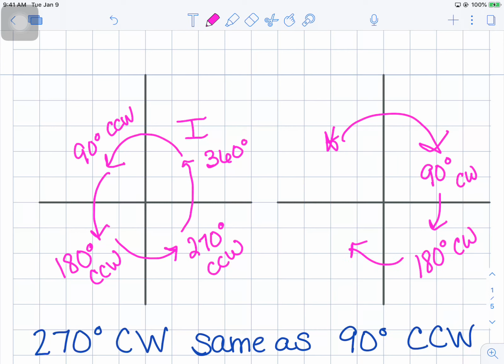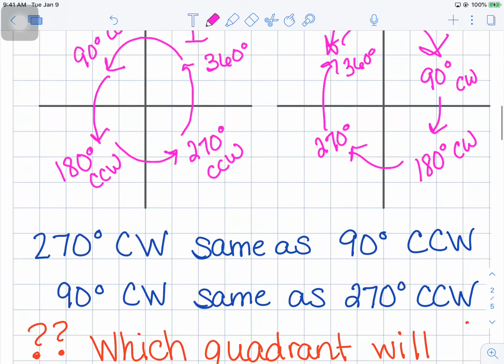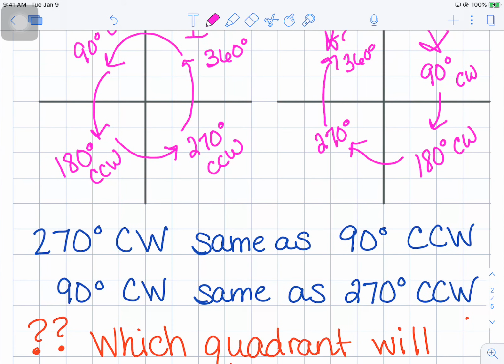Then 270. And back to where I started would be 360 degrees. Every circle has 360 degrees in it. So you need to know that 270 degrees clockwise is the same as saying 90 degrees counterclockwise. And 90 degrees clockwise is the same thing as saying 270 degrees counterclockwise.